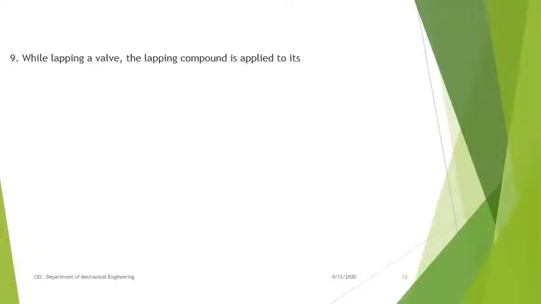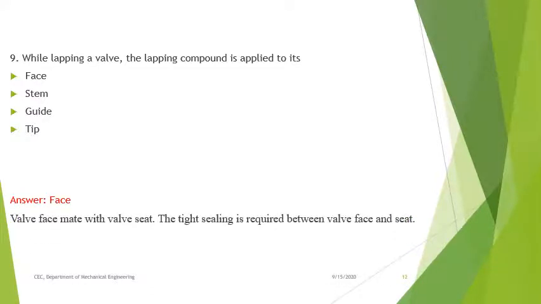While lapping a valve, the lapping compound is applied to its face, stem, guide, tip. The answer is face. The valve face mates with the valve seat. Tight sealing is required between the valve face and valve seat.